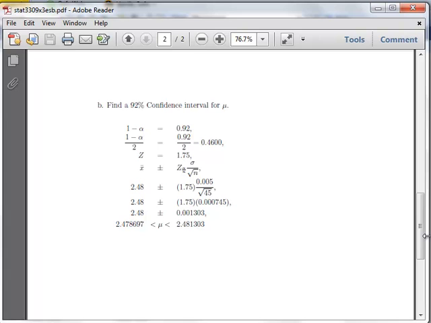And that gives me 2.48 plus or minus 0.001303. And your final interval turns out to be 2.478697 less than mu less than 2.481303. Now I'll try to stay away from ones like this on the test where the values are so close together.